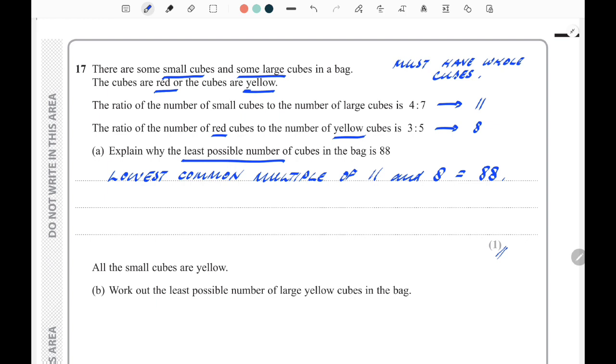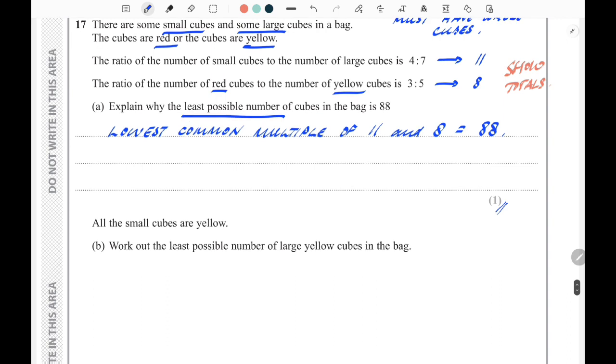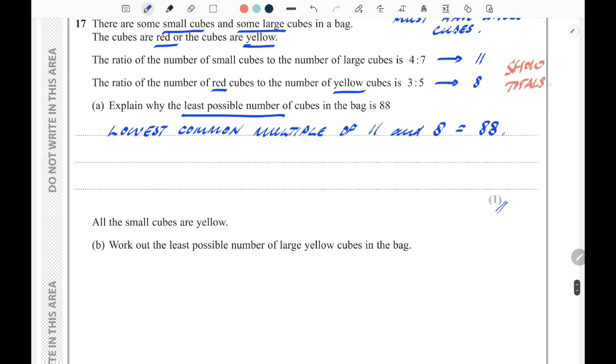And I better write this: show totals in your answer. As long as you have those totals there, then the rest of the answers can be kept quite simple. Okay, all the small cubes are yellow.